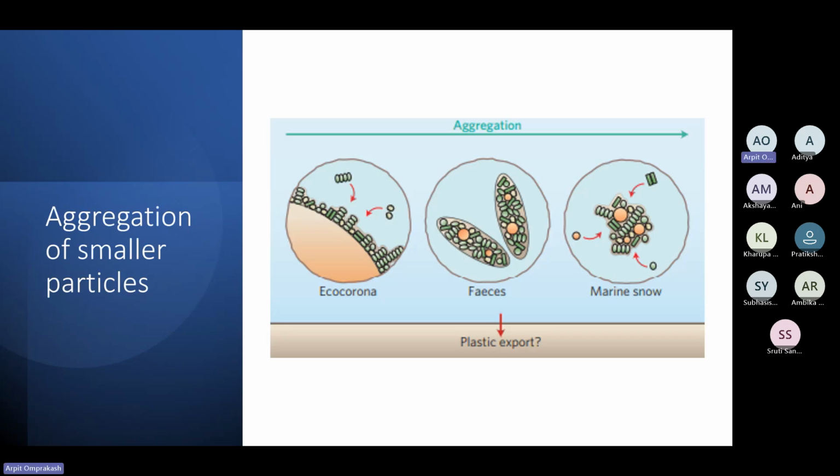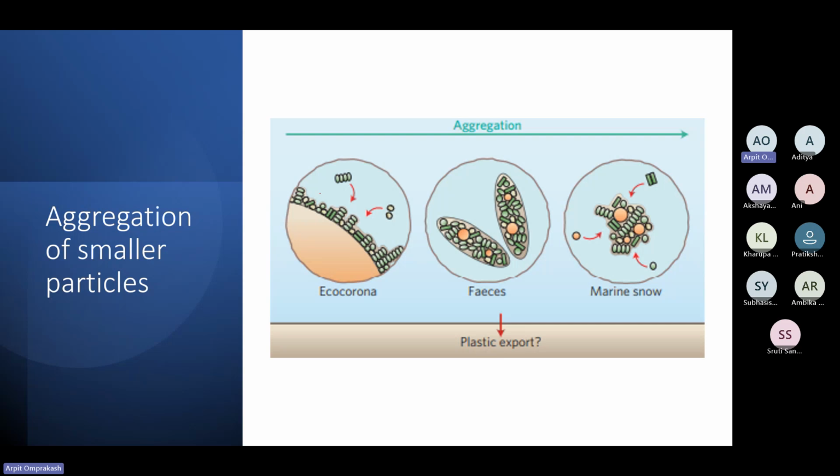Then these smaller particles can also aggregate to form larger particles. For example, this eco-colony is when small pieces, microplastics, accumulate on the surface of microbes or other organisms, or microplastics aggregate or come together on other similar, let's say, hydrophobic surfaces.